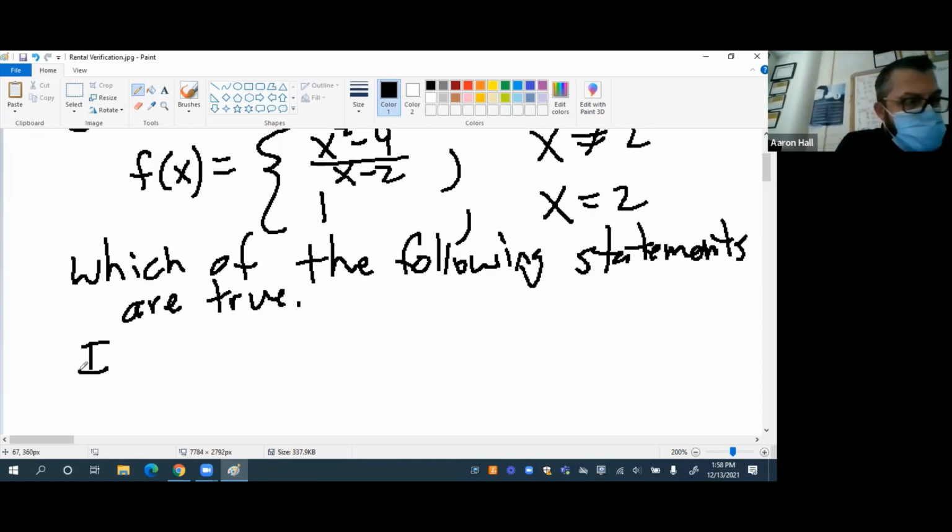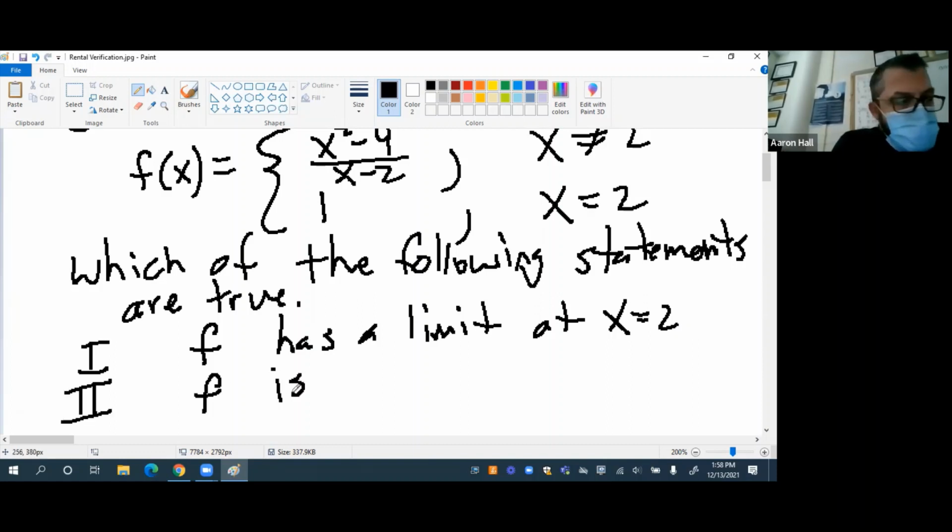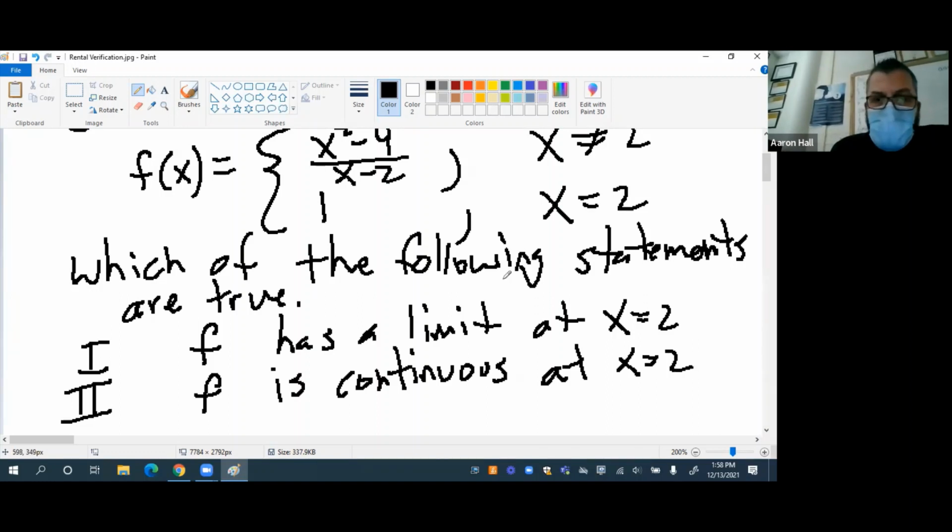Here is one. F has a limit at x equals 2. The next statement is f is continuous at x equals 2.